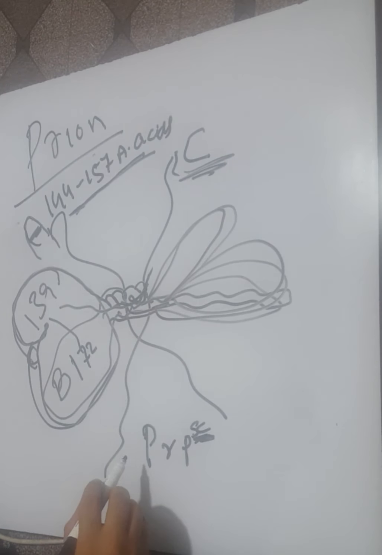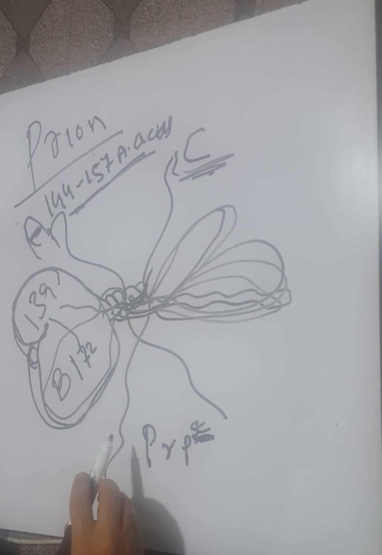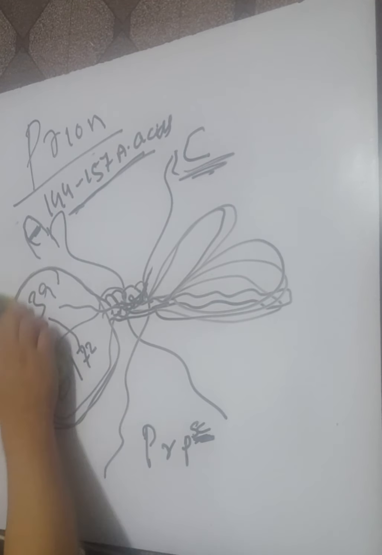When the prion changes its structure to this side, the prion lacks the nucleic acid. We will draw another diagram to show how the prion changes its structure to become dangerous.